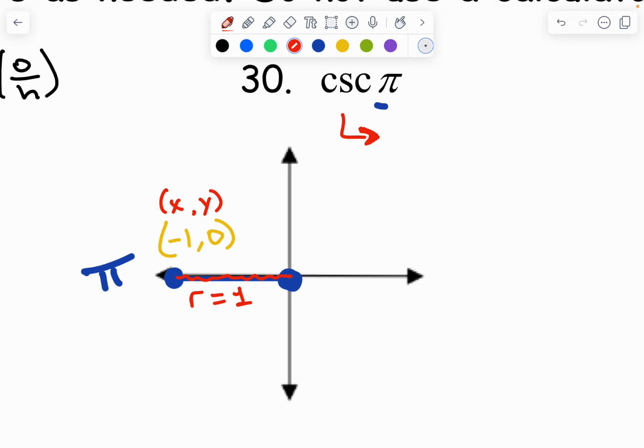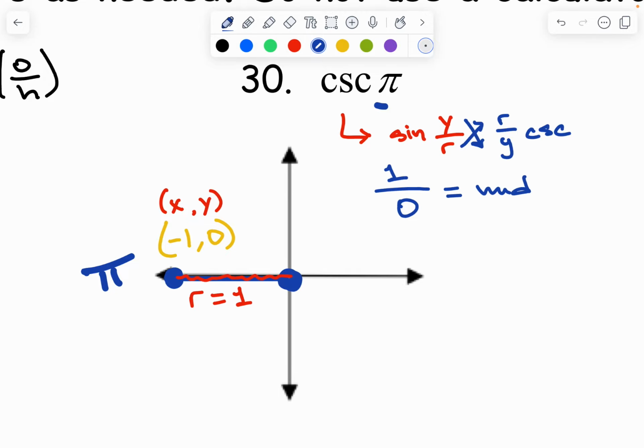Cosecant is the reciprocal of sine. So if sine is y over r, that means cosecant is r over y. So I've got my r value, 1. I've got my y value, 0. Anytime I have 1 or any number divided by 0, that is what we would call undefined.